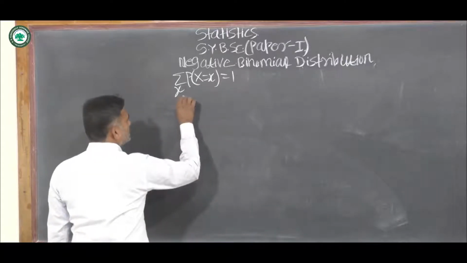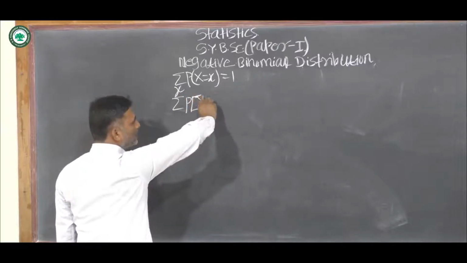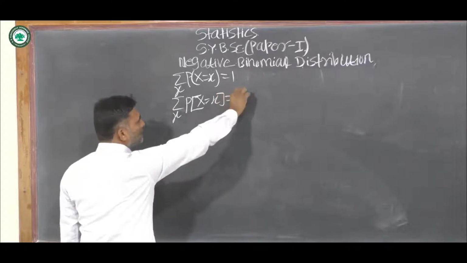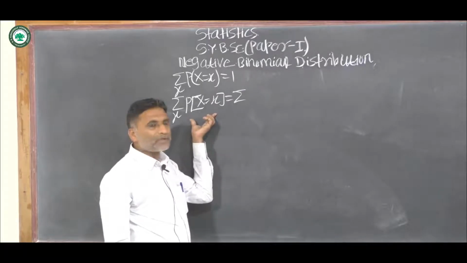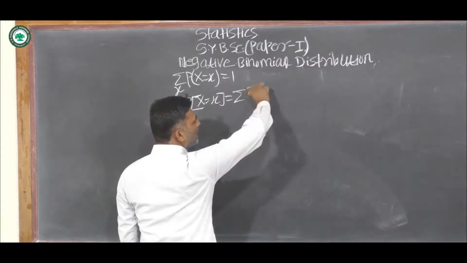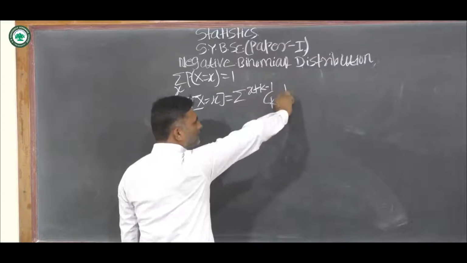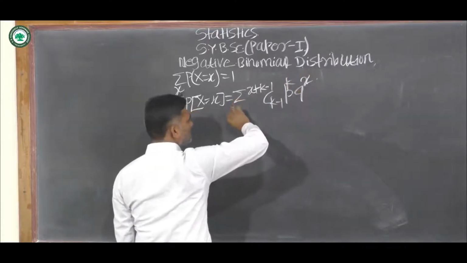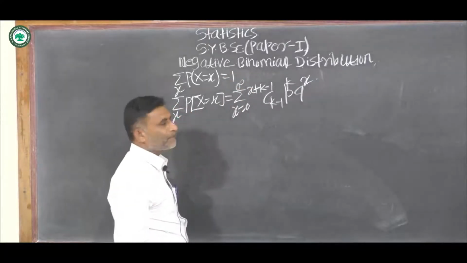Now summation of probability of x equal to small x, summation over x, is equal to summation of, now substitute the probability mass function of negative binomial distribution here, summation of x plus k minus 1 c k minus 1 into p raised to k into q raised to x, summation over x running from 0 to infinity.